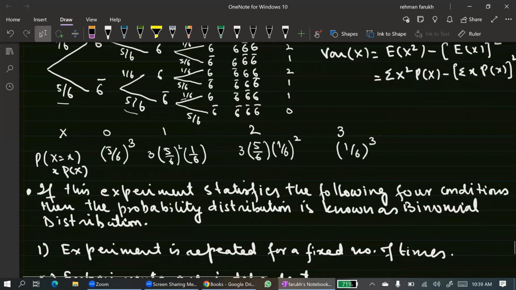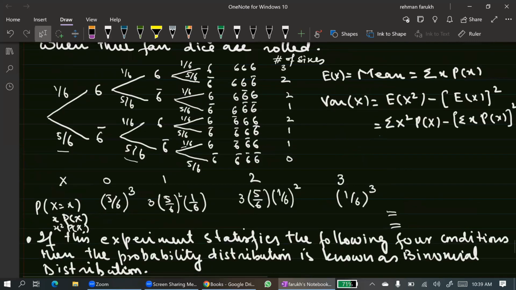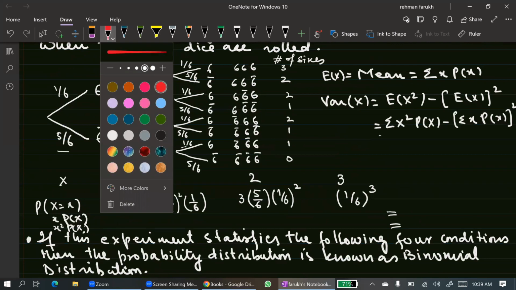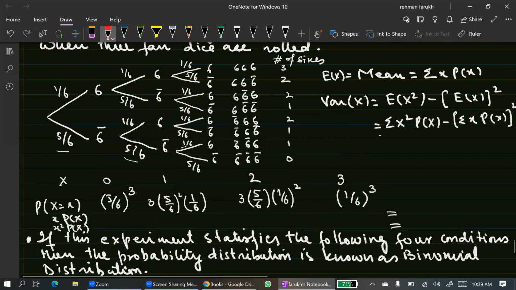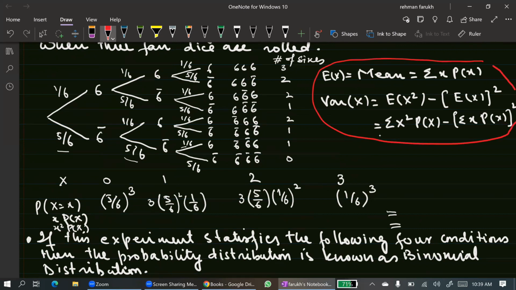We will generate another column x square into p of x. We will find out the sum of these two columns and we will put the values into the formulae. These two formulae give the mean and the variance of the probability distribution.